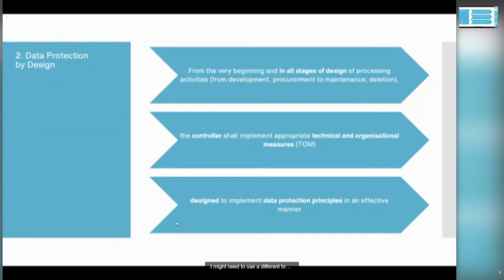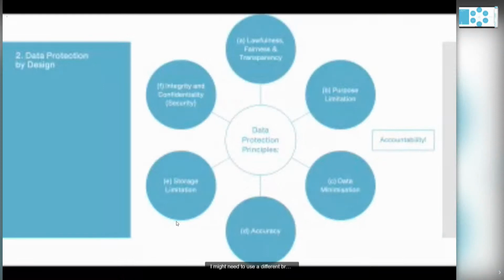Now, what are the data protection principles a controller needs to implement when designing processing activities? You can find those principles in Article 5 of the GDPR, and I have mentioned them on the slide. We can't obviously go through all of them, but let's make some examples at least.